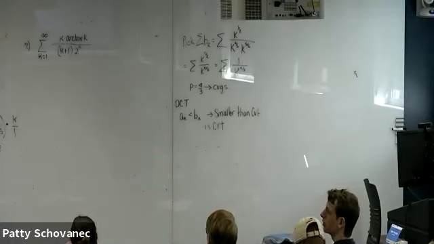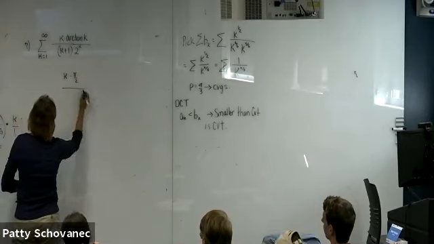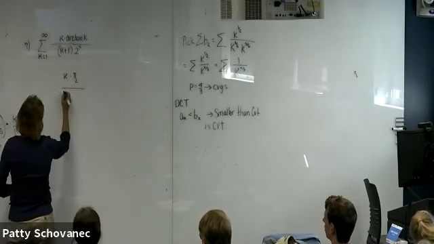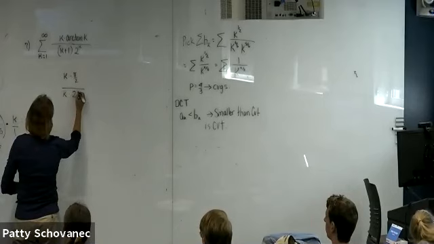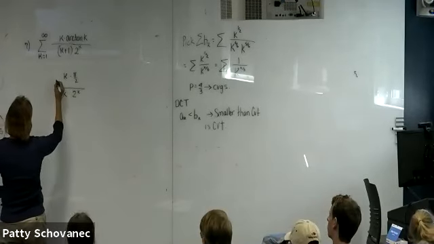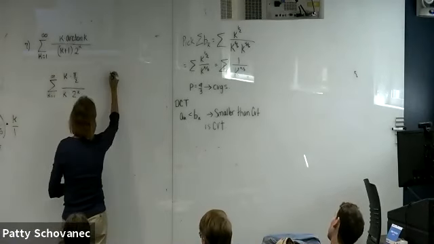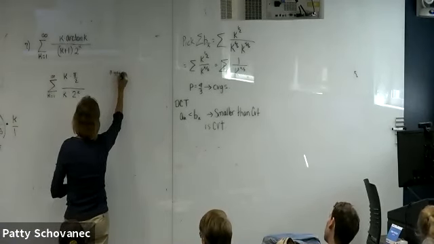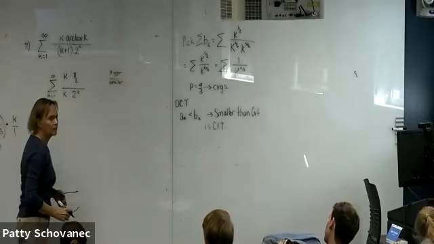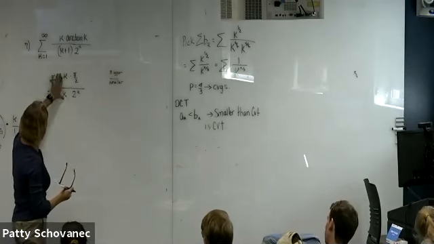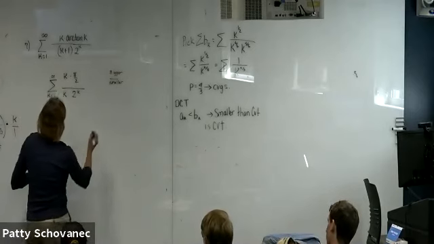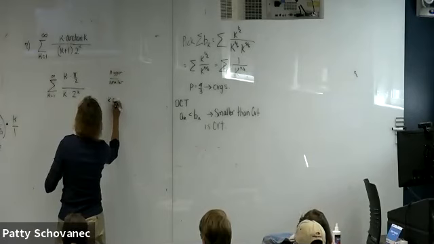So if I keep the k there and put a pi over 2 here, I've made the numerator bigger. And then if I just throw the 1 away, I've made the denominator smaller, which makes this one bigger than that one, right?